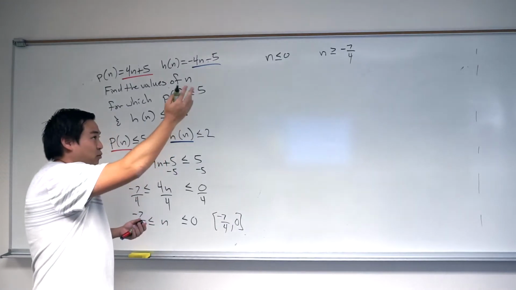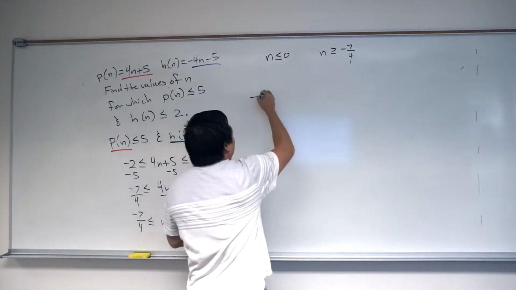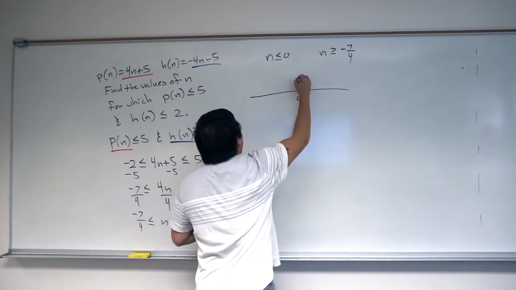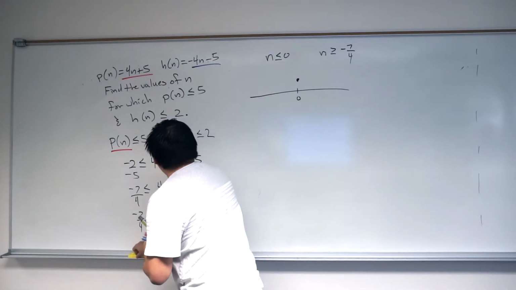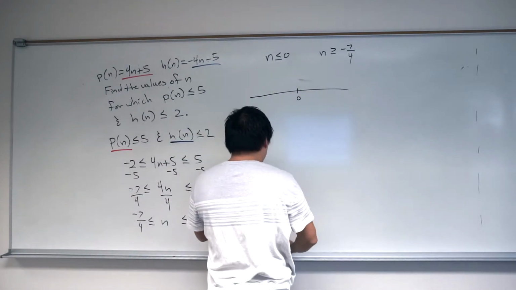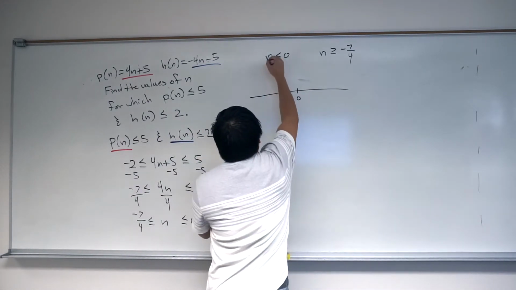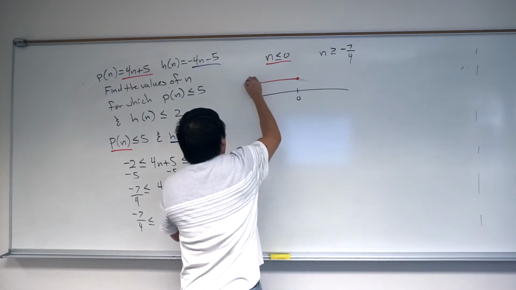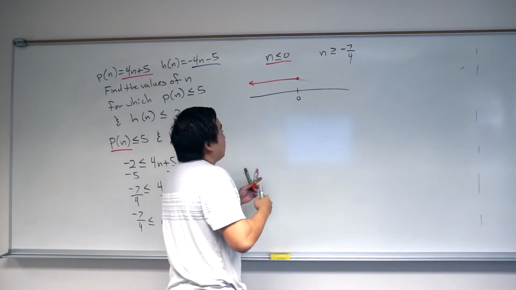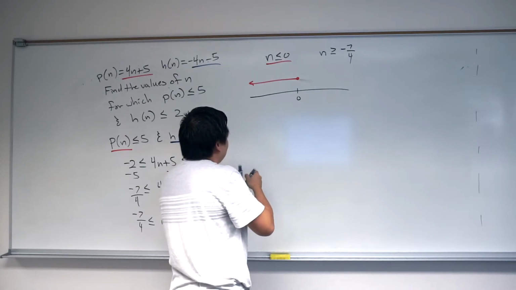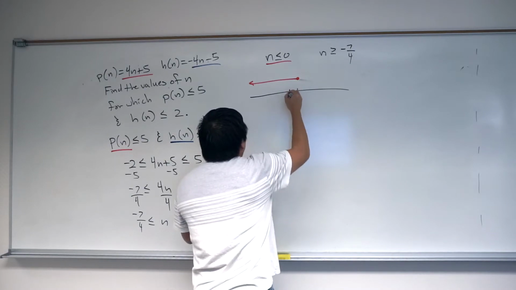But notice if we just take one extra step and actually draw this out, less than or equal to 0. Do that another color. And then greater than or equal to -7/4, which is close to -2.